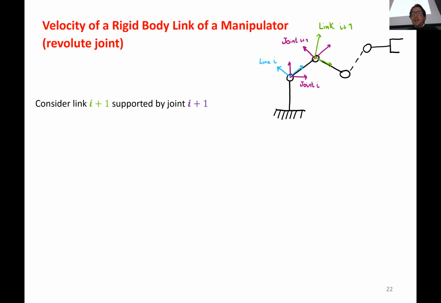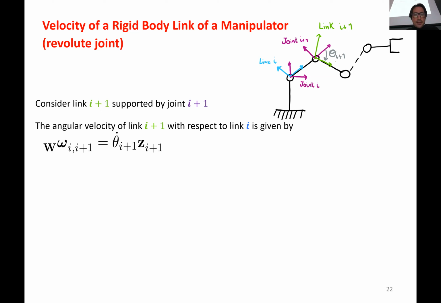Then we also have a link I supported by joint I. And the angular velocity of this link is given by the derivative of the joint variable, which in this case is theta dot of I plus 1, along the axis of rotation of joint I plus 1. And this axis of rotation is the z axis coming out of the slide.